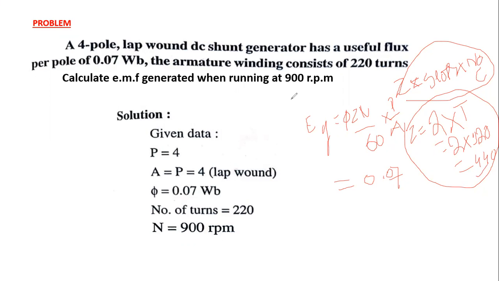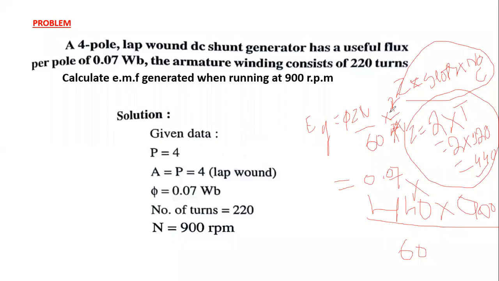Then we calculate the EG value. Therefore, EG is equal to phi, 0.07, into Z, 440 conductors, into speed, 900 RPM, by 60 into P by A, where A is equal to P in lap winding.